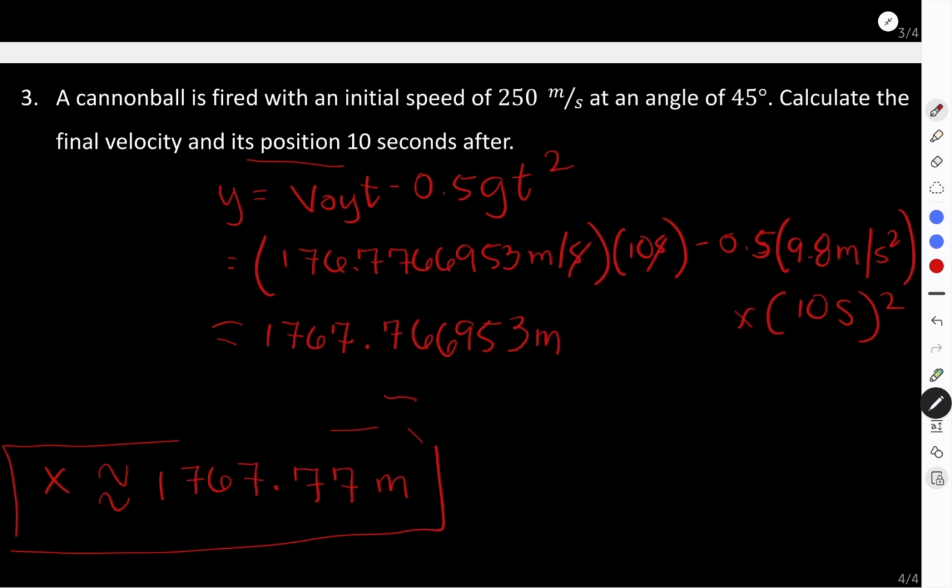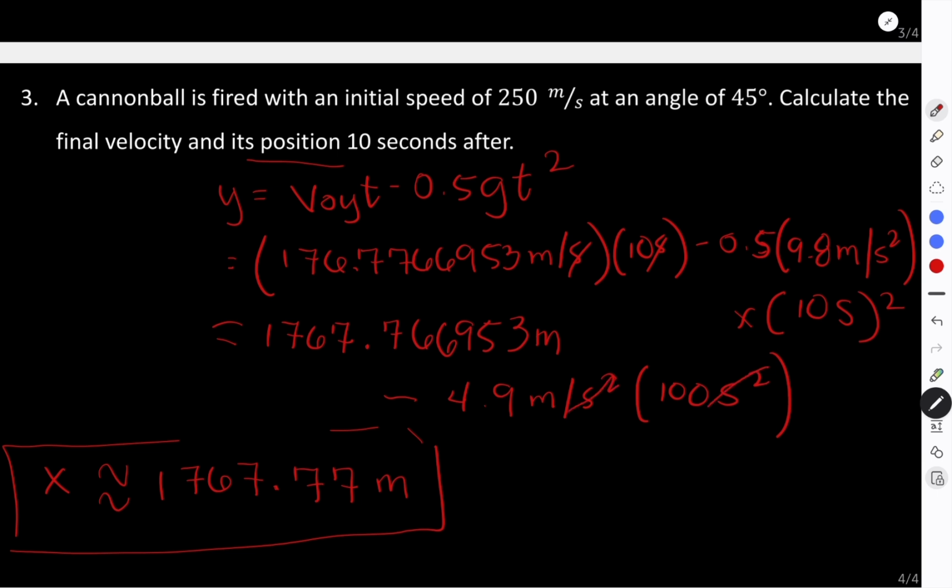Minus half of 9.8 is just 4.9, correct? That is 4.9 meter per second squared. Then 10 seconds squared, we have here as 100 seconds squared. Now we can cancel this out, right?